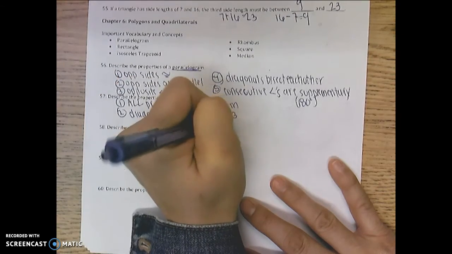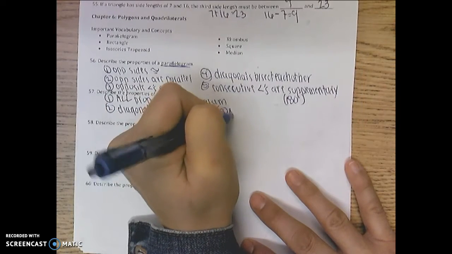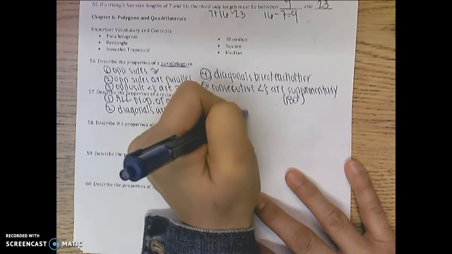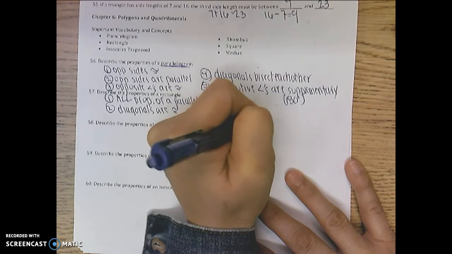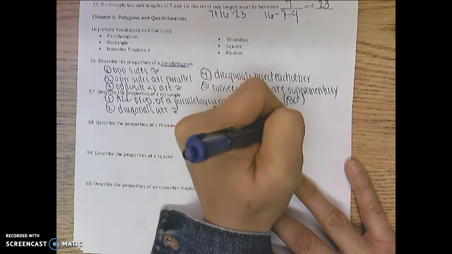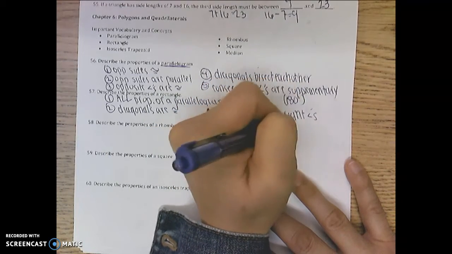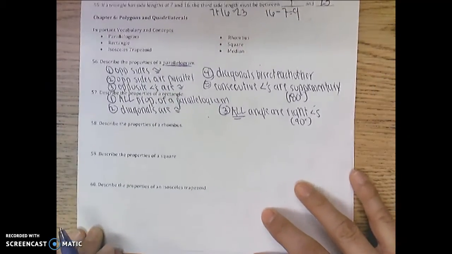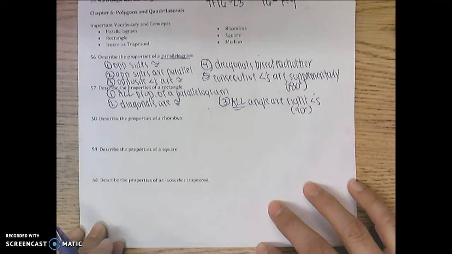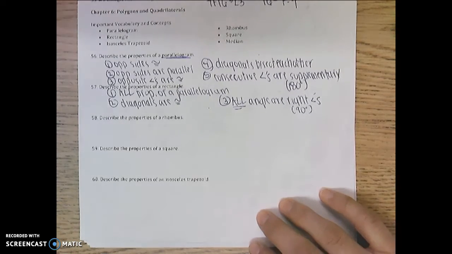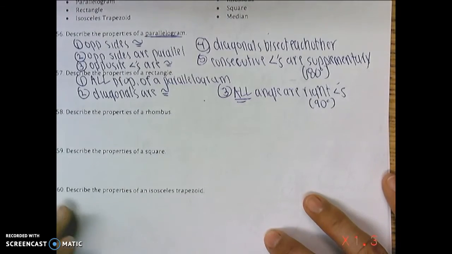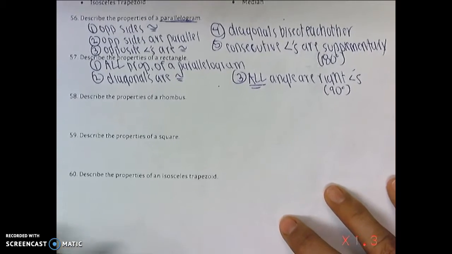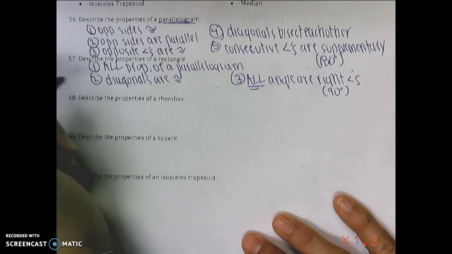And the third is that all angles are right angles, meaning they're 90 degrees. So that is the properties of a rectangle. Let me zoom in a little, it looks a little blurry.